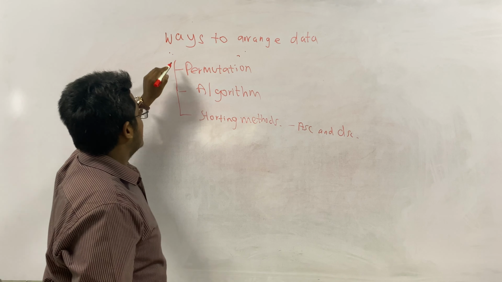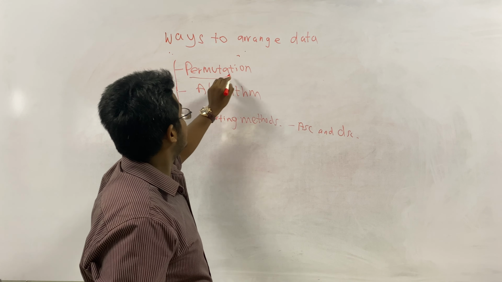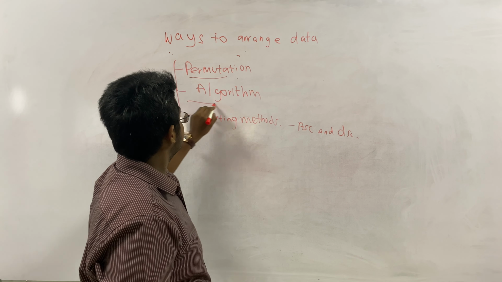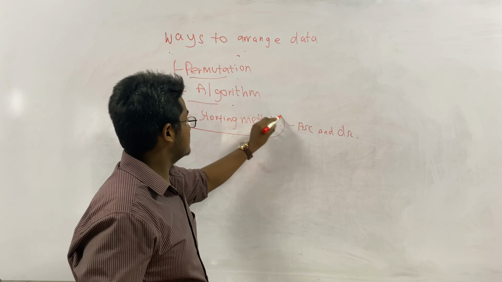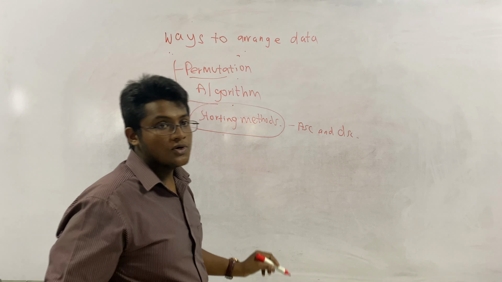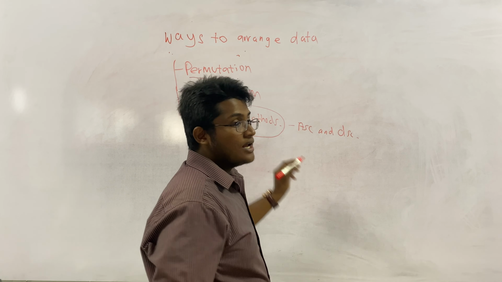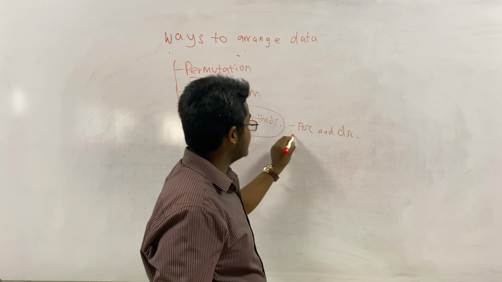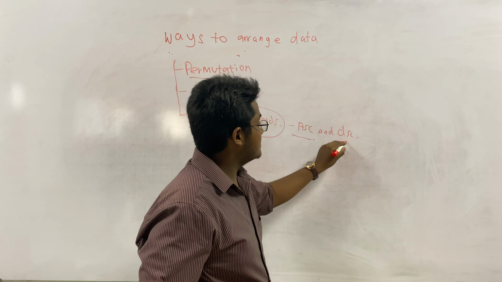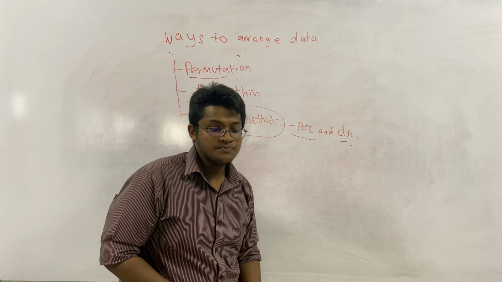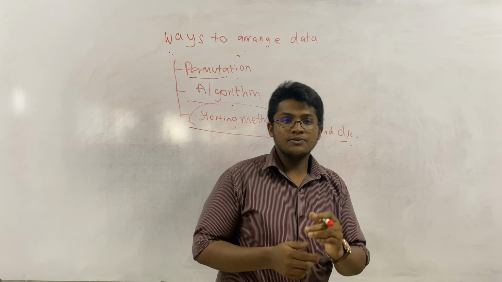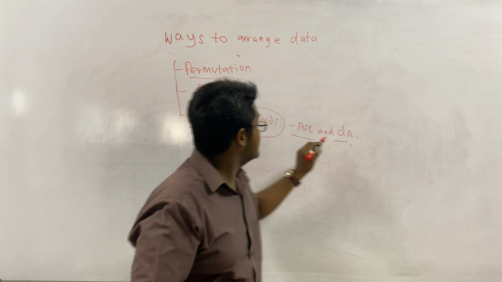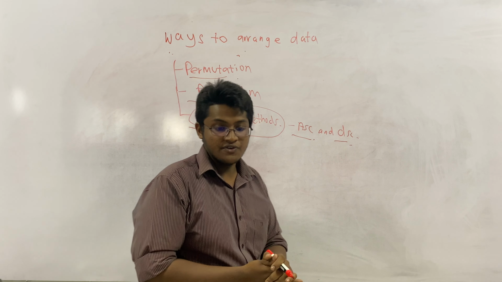First one is by permutation, second one is by algorithm, and the third one is sorting methods. By sorting methods, we can arrange data into ascending order and descending order. We will talk about these things in future videos.